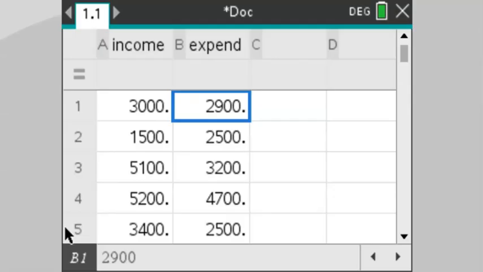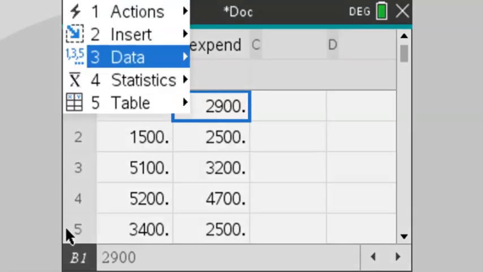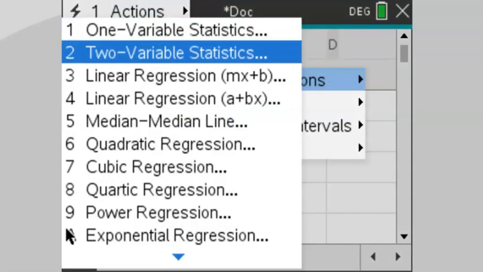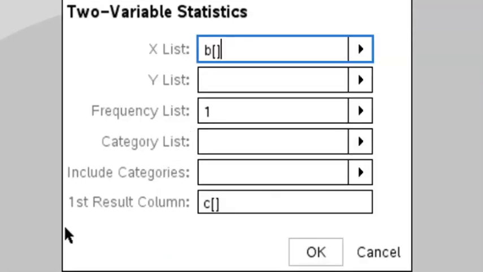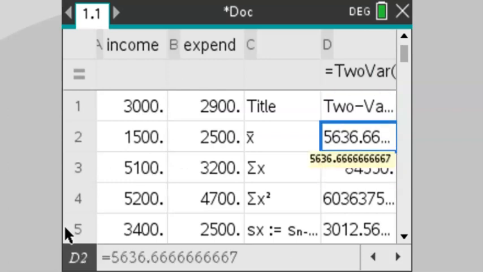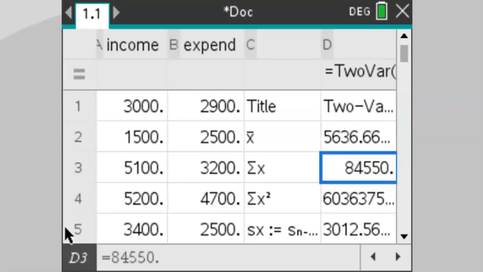Okay, so there's a couple of ways we can calculate those two values. We can use our one variable stats and go in and calculate the median for income first, and then do a second one variable stats to calculate the mean of the expenditure. Or we can do it in one go. So in our menu, statistics, stat calculations, two variable stats, we can do it that way. Our X list is our income, Y list expenditure, and then we can see here I have the mean for my X list, so my income.